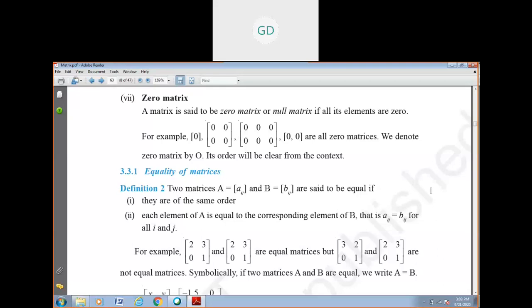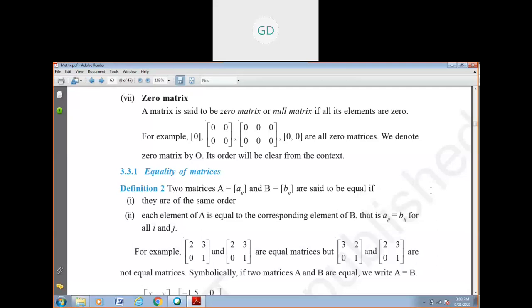And today I am giving you this much: number one, how to construct a matrix if its elements are defined. Number two, how many types of matrices are there.